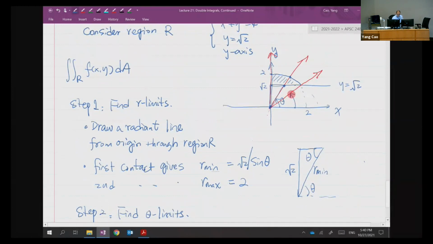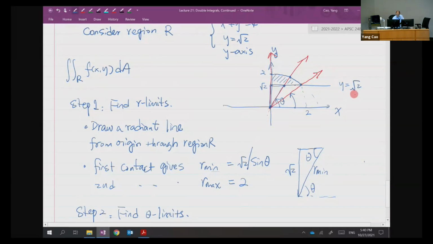So we need to find what this angle is. That arrow line passes through this point, so if I can find the coordinates of that point, then I'll be able to find the corresponding angle. This point is the intersection between the straight line and the circle. You already have the y coordinate, which is √2. You just need the x coordinate.